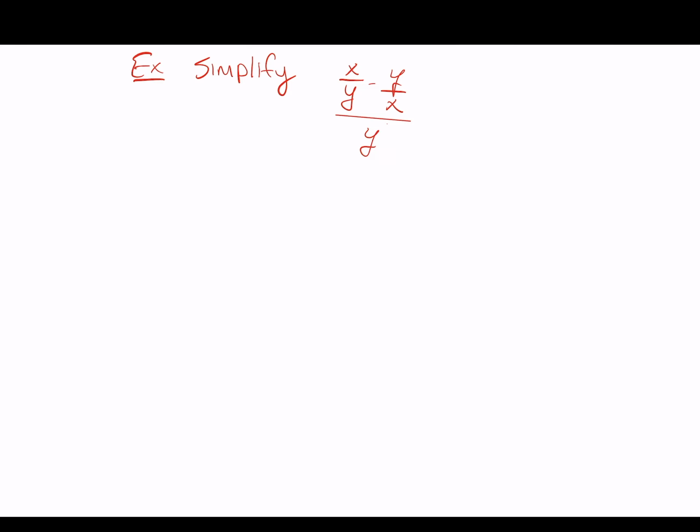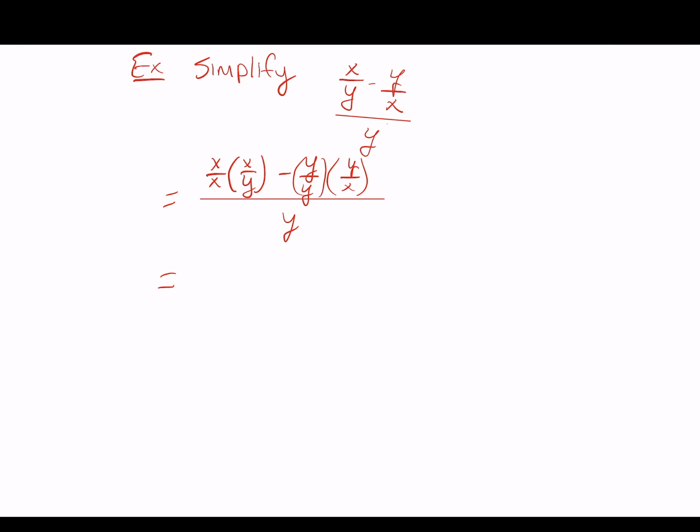So we'll multiply by clever ones to get xy in the denominator. So the first term we need to multiply by x over x times x over y, minus, this time we need to multiply by y over y times y over x, and then that's all over y.